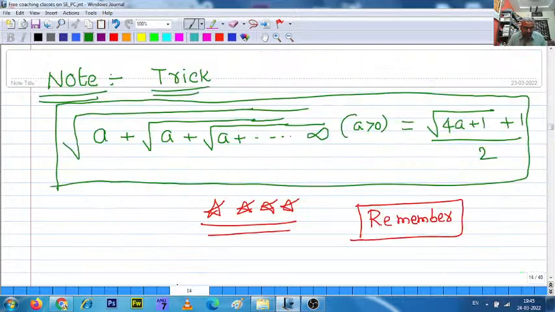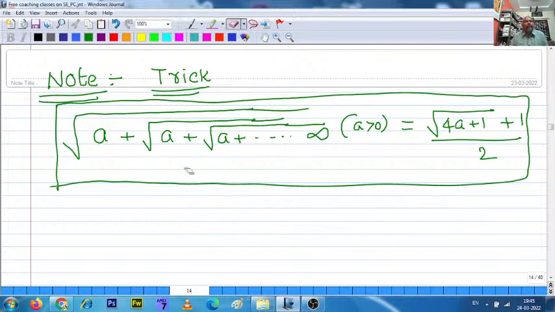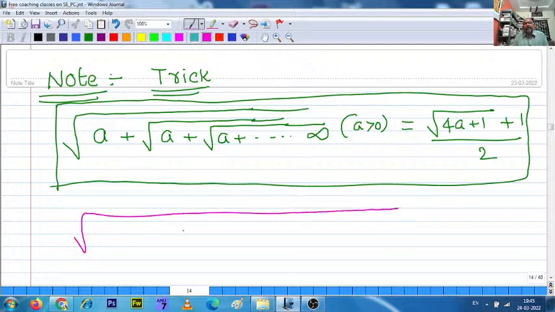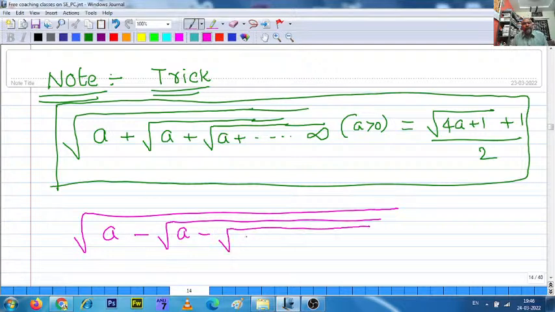Go back. Now you can remember both simultaneously like this. This is trick 1, and that is trick 2. What is trick 2? I will write it in a different color. Root of a minus root of a minus and so on to infinity is equal to root of 4a plus 1 minus 1 upon 2.